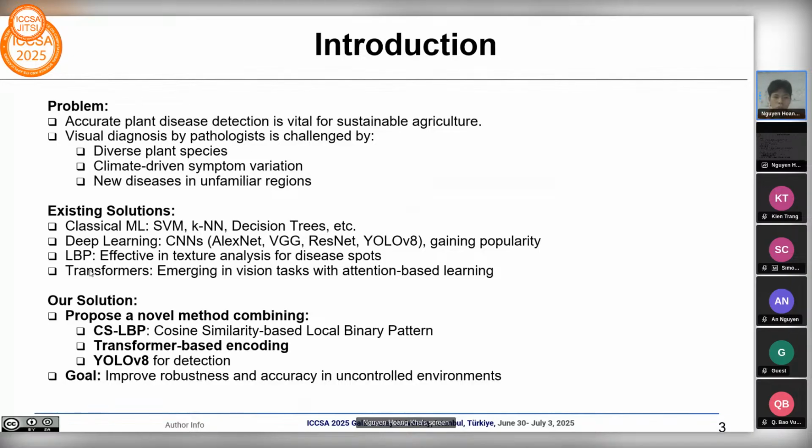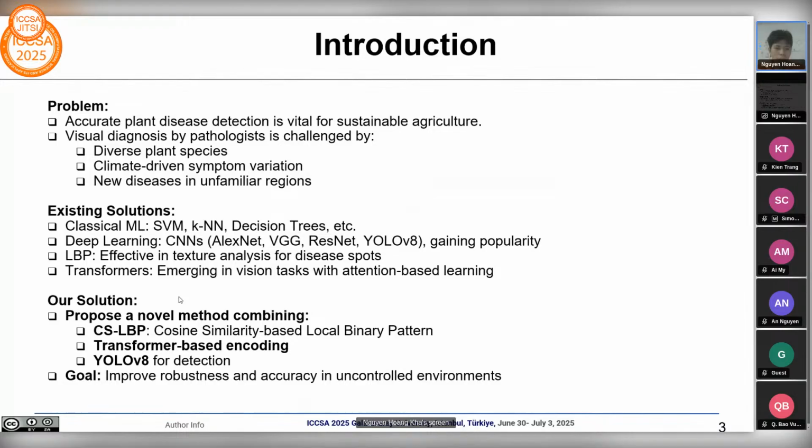Our solution is to propose a novel method combining CS-LBP, cosine similarity-based local binary pattern, and we base it on transformer-based encoding, and we use YOLOv8 for detection, to improve robustness and accuracy in uncontrolled environments.